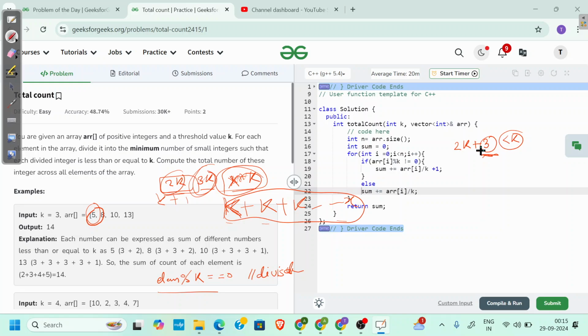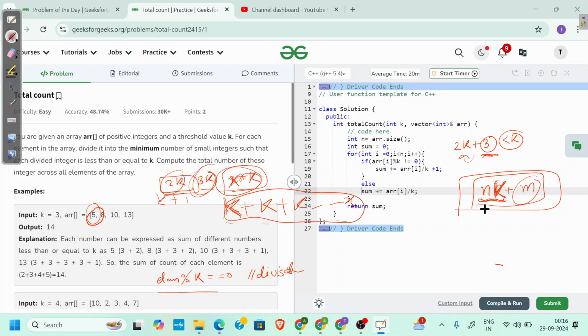Otherwise, if it were greater than k, it would move to the other side, like 3k plus 1. So it will be something like nk plus m. Then this m is the remainder and nk is the proper part. If it is not exactly divisible, then the element will look like this.